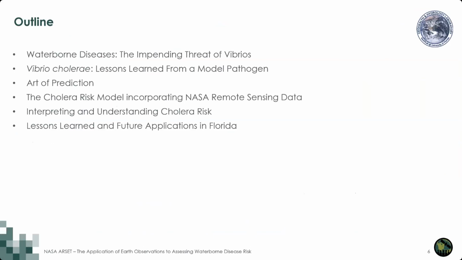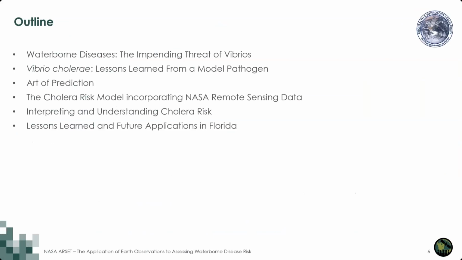Finally, we will be looking at the interpretation and understanding of the cholera risk model outputs, because the modeling outputs are not based on the traditional model outputs, where the traditional models basically provide an estimate of how much population is going to be at risk.